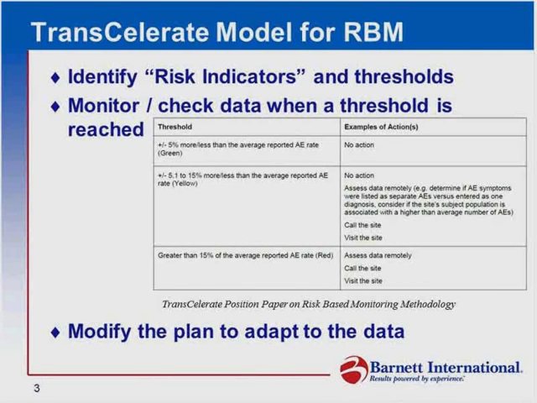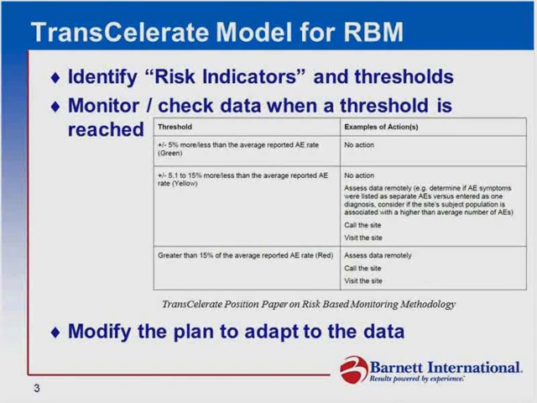An example of a key risk indicator that they put in their paper is this one that I have here on the slide, where you look at the average reported adverse event rate at each site, and you look for sites that are more or less than the average of the sites.